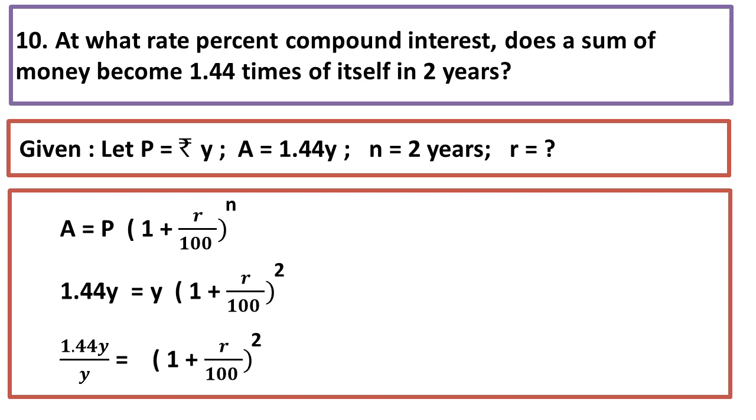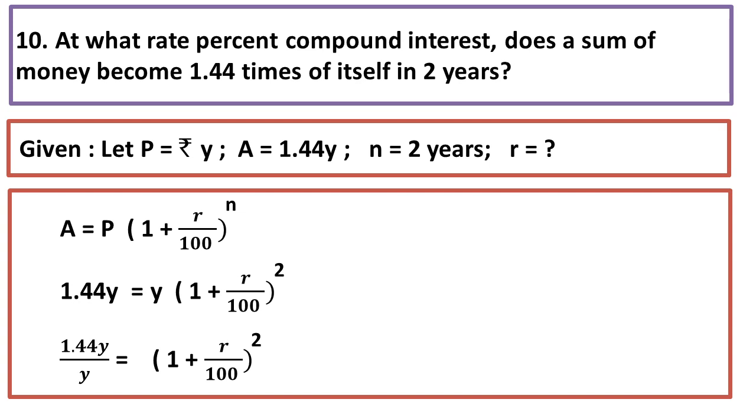Question number 10. At what rate percent compound interest does a sum of money become 1.44 times of itself in 2 years? In this problem also, rate of interest has to be calculated and the principal is not given. Amount is expressed in terms of principal.